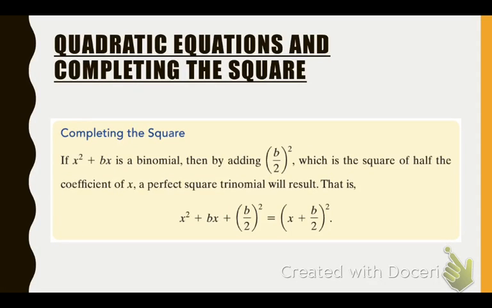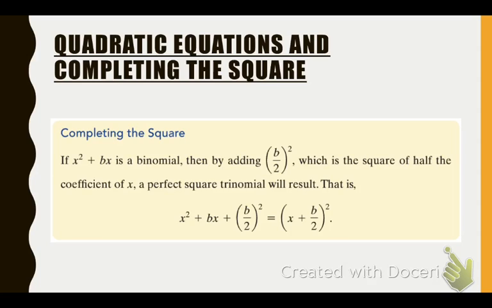Now, the third one is solving quadratics by completing the square. Honestly, completing the square is basically like you're going to turn it into an isolation problem is what ultimately is going to happen. It's one that can't be factored, and you don't necessarily want to use the quadratic formula or things like that.